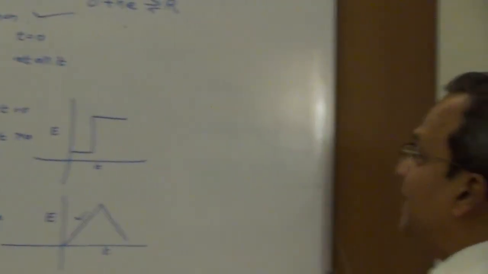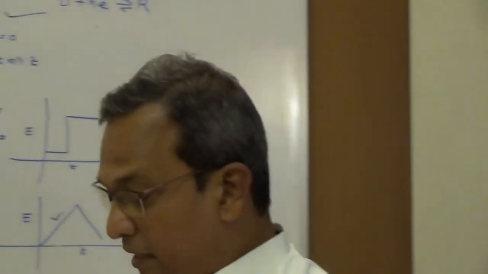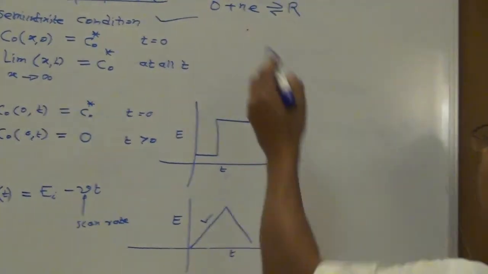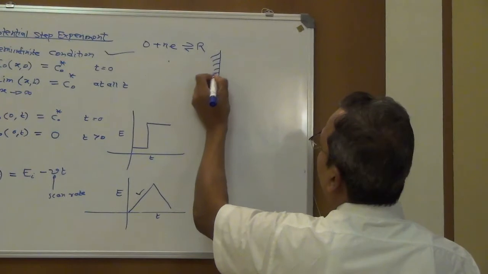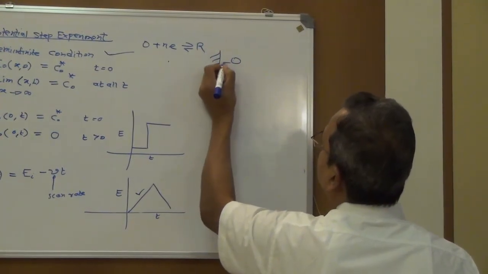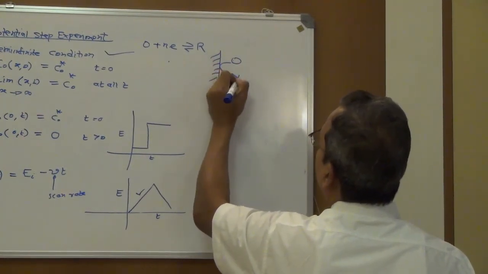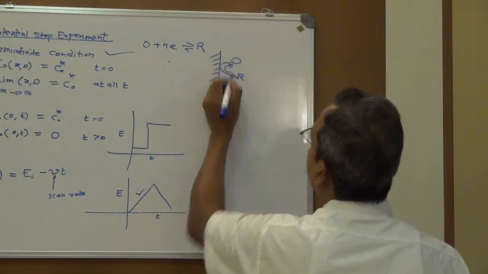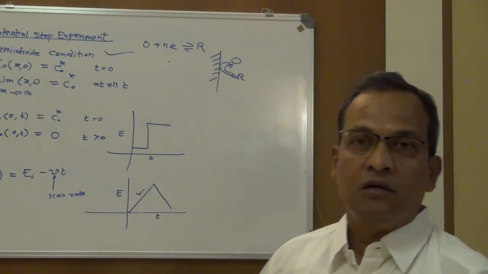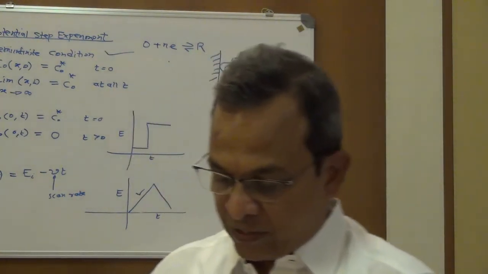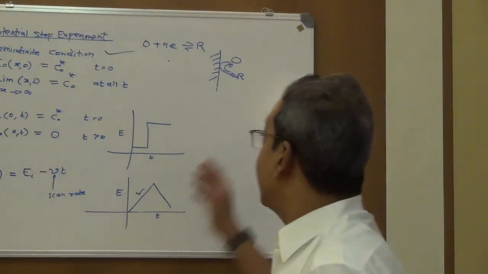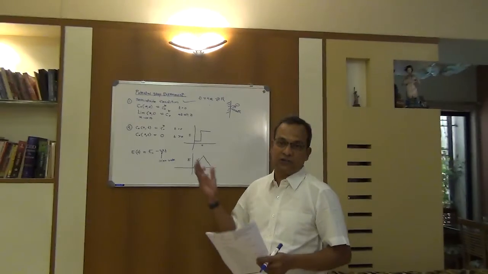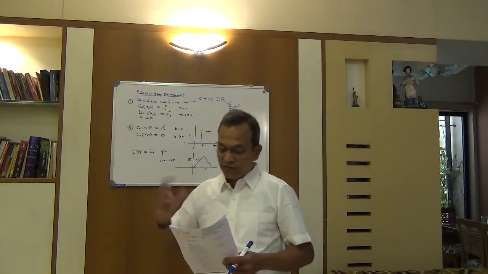Now what is the assumption here? The assumption is that the electron transfer, O plus ne goes to R, on the interface is taking place very fast. O takes an electron and becomes R, and back into O, very fast. Remember we were talking about the standard rate constant k0. Here we are assuming the reaction is so fast that k0 is very large, so the exchange is very fast.